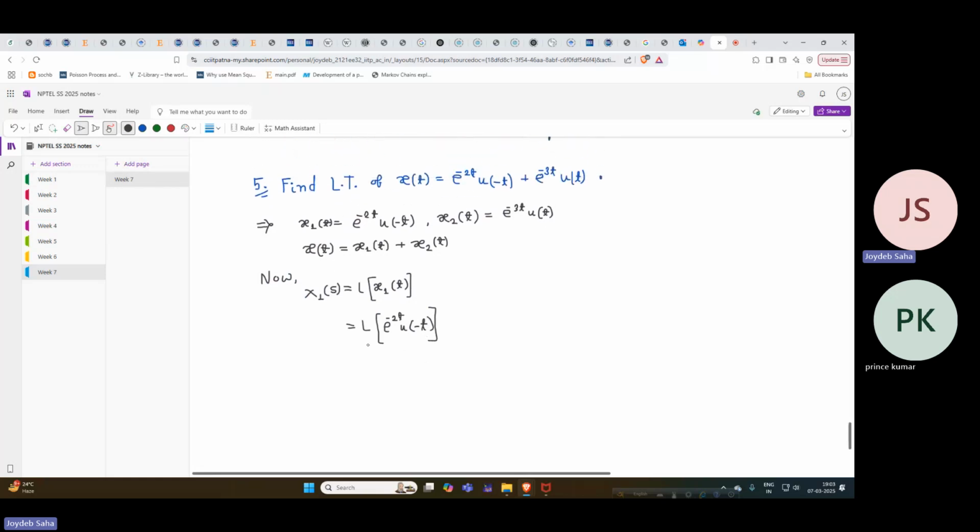So it is clear till now. We have divided the signal into two parts, x1(t) and x2(t), so x(t) is equal to x1(t) plus x2(t). This will be minus 1 upon s plus 2.